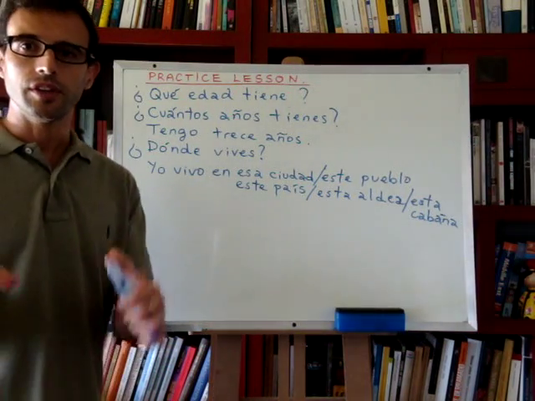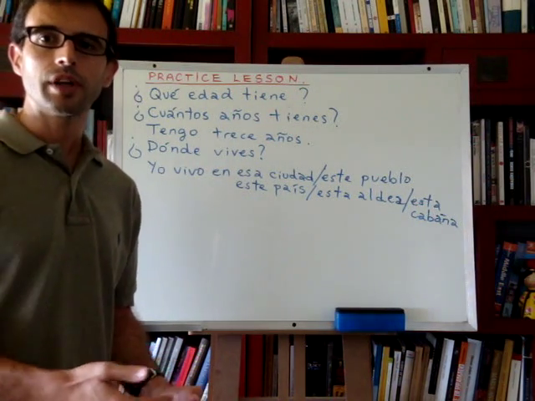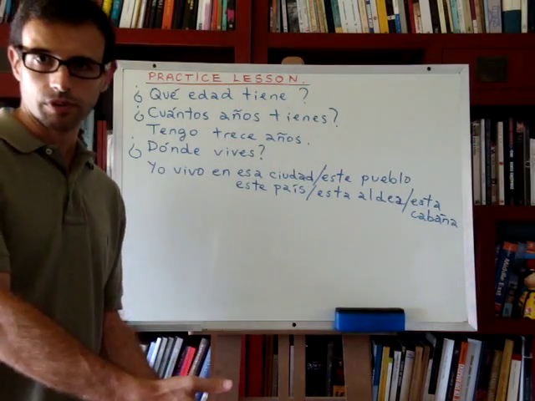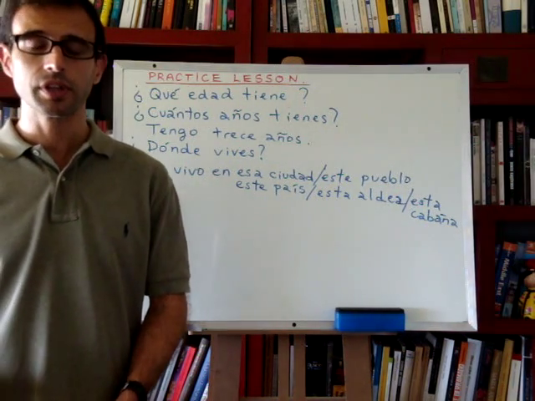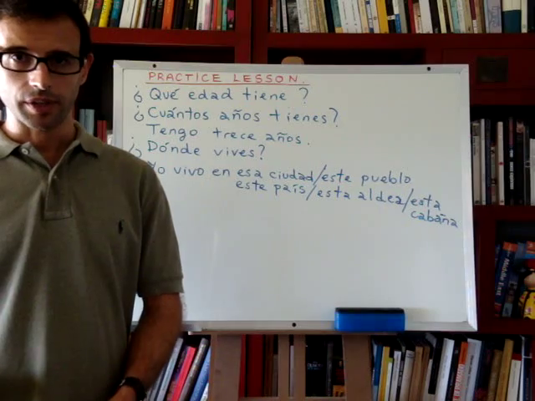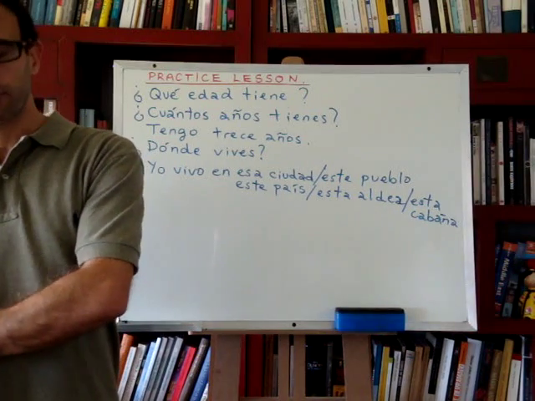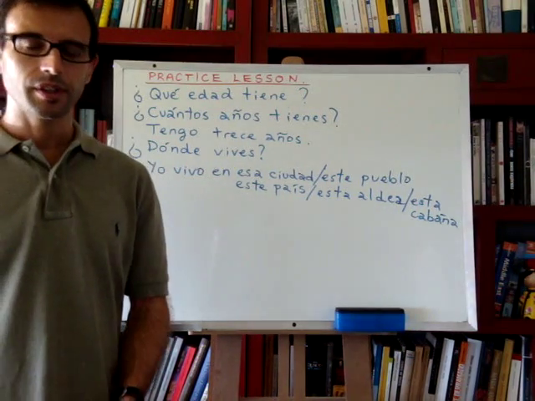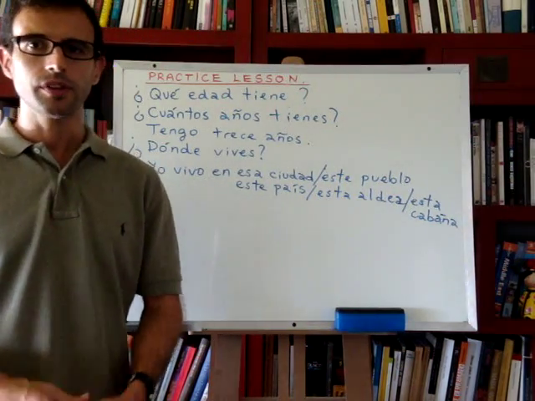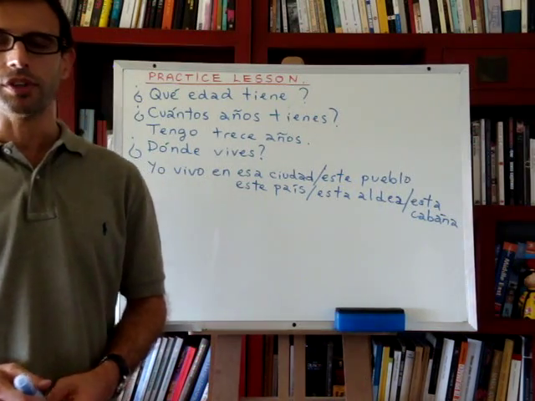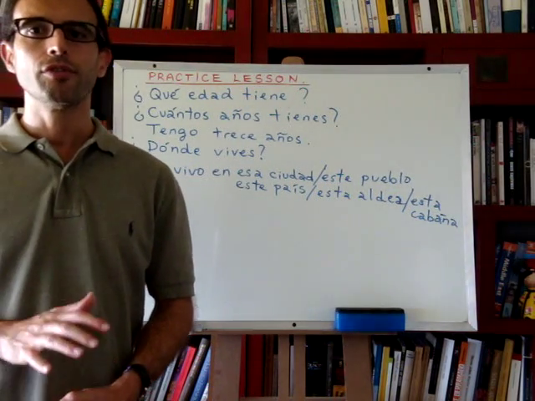For example, instead of saying, I like apples, we would say, I like myself apples, okay? That's how we use the verb gustar. And it's more particular because we would say in Spanish, to me, I like myself apples. To him, he likes himself apples, okay? So we would say, a mí me gustan las manzanas. A él le gustan las manzanas, okay? So it's a very special way of using this verb, okay? The verb gustar.